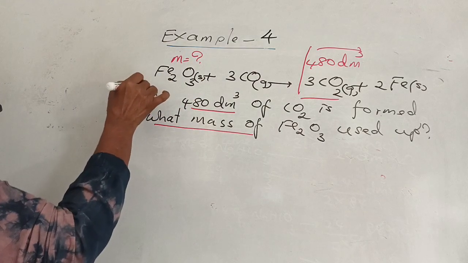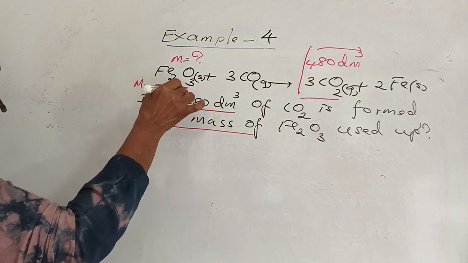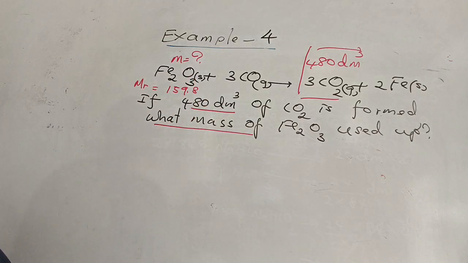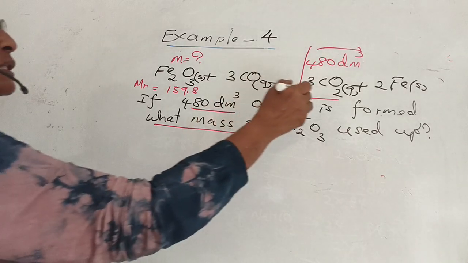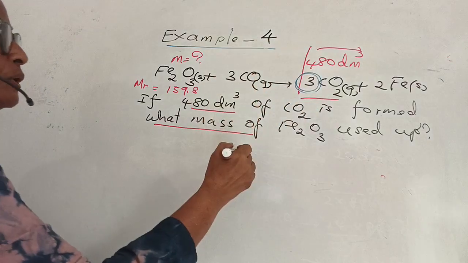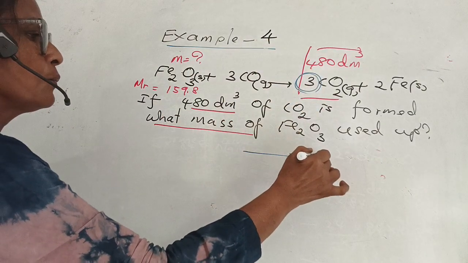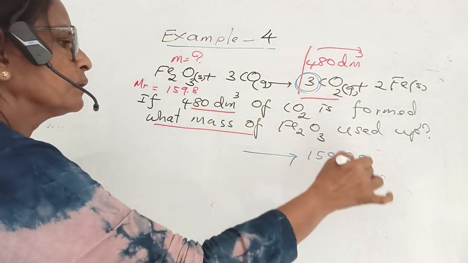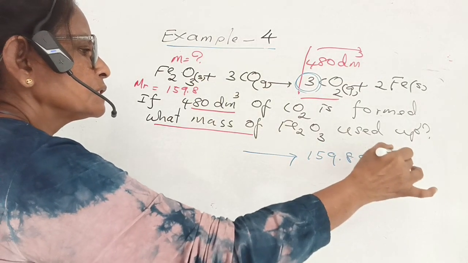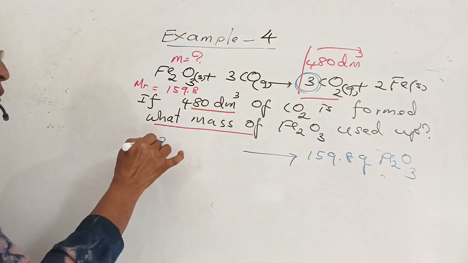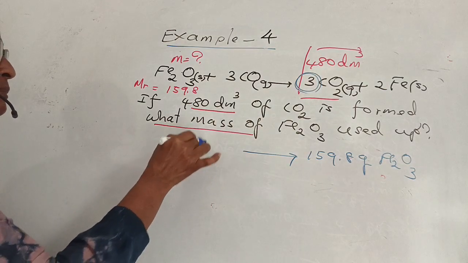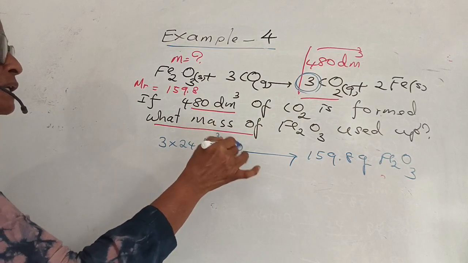For that, if you are getting the molar mass, 159.8 is the molar mass of iron trioxide. You are asking now what mass of iron oxide is used up. So 159.8 grams of iron trioxide is needed to produce 3 times 24 decimeter cube of carbon dioxide.